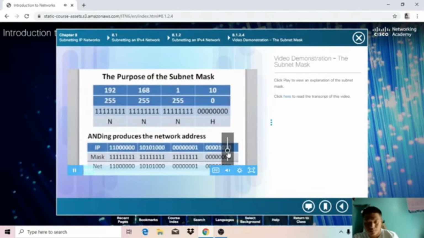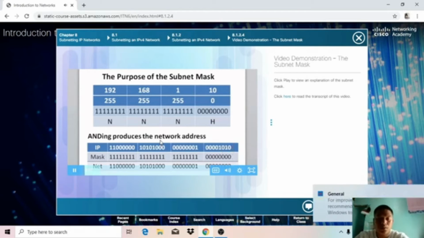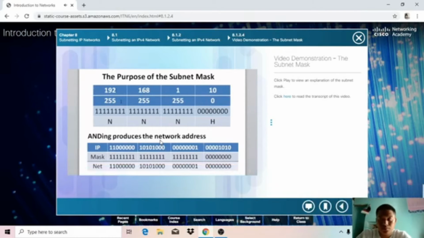Pointed out that subnetting makes sense from the binary perspective. In other words, when we take the IP address and the subnet mask and convert them to binary, I have the IP address on this row and the subnet mask on this row, converted to binary, the computer and the router are able to logically AND, or combine, the IP address and the subnet mask and find the network address.